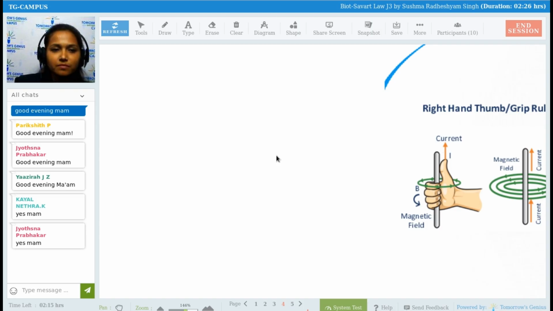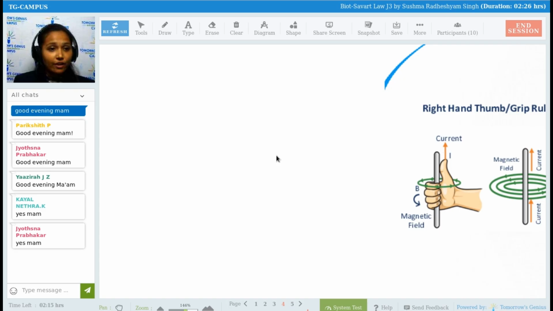Okay, the right hand thumb rule is used to determine the direction of magnetic field lines around a straight conductor. We hold the current carrying conductor in our right hand, with the thumb facing the direction of current. Then the way we wrap around the conductor shows the direction of the magnetic field lines around the conductor. Very good, Parikshit. You said it perfectly correctly.